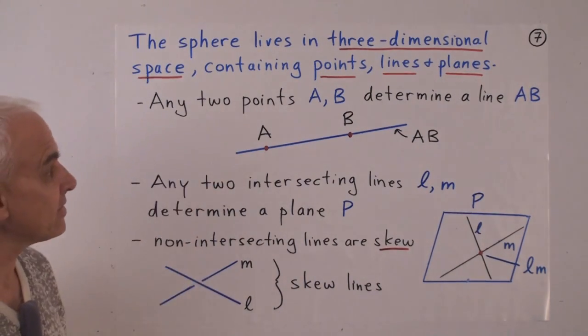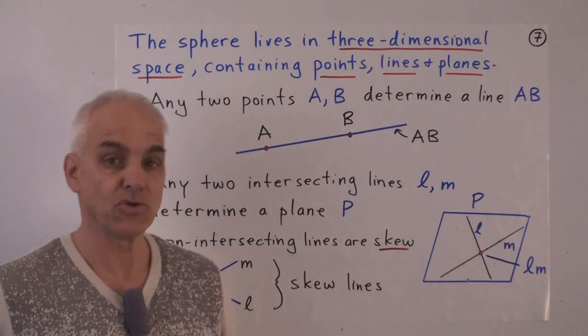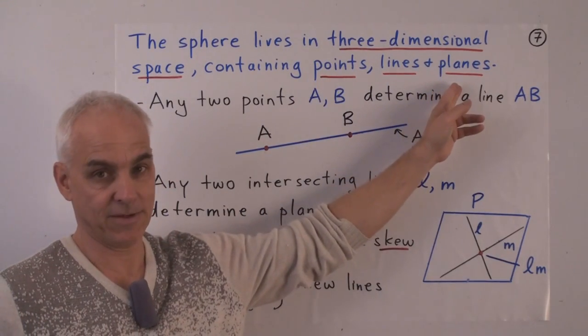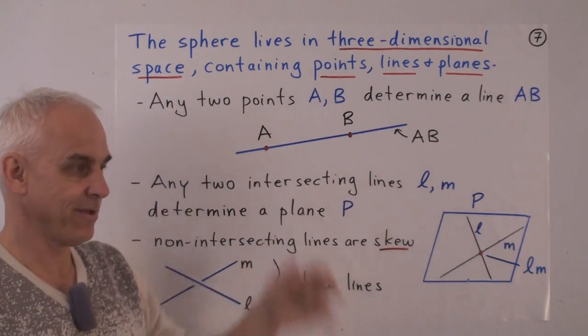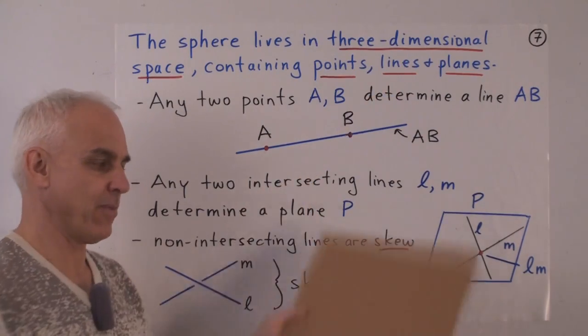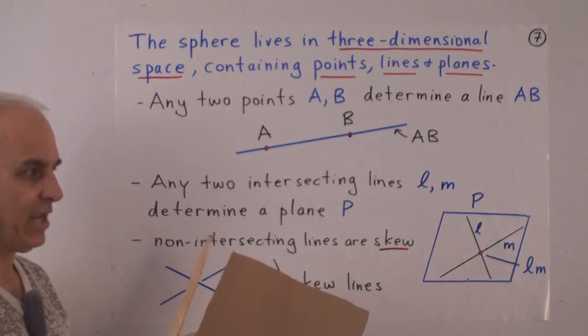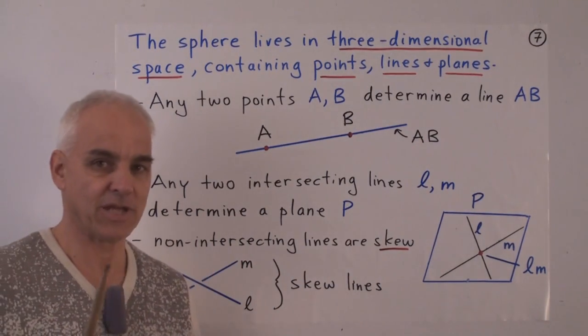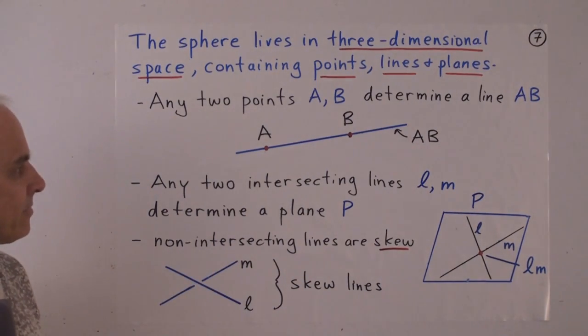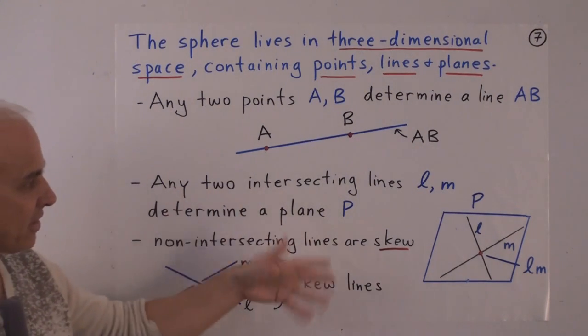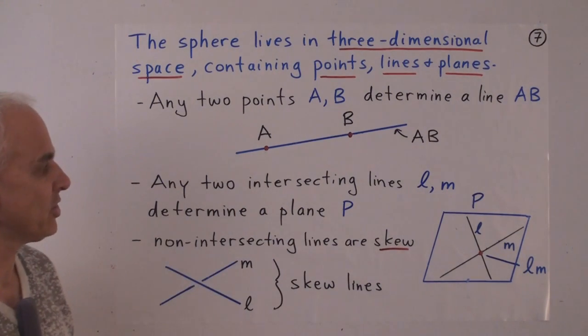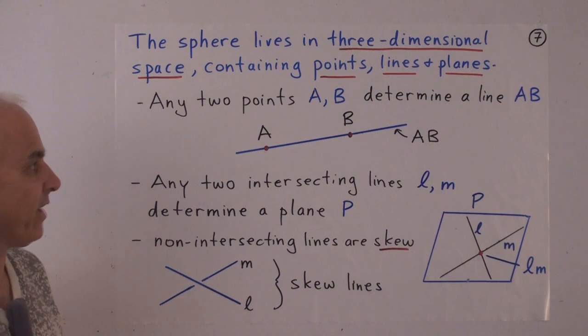In the 3-dimensional space, we have points and lines as usual, but we also have planes. So we have points, we have lines, and we have planes. So these sort of 3 fundamental linear type objects. And let's introduce just a few ideas and terminologies for points, lines, and planes.